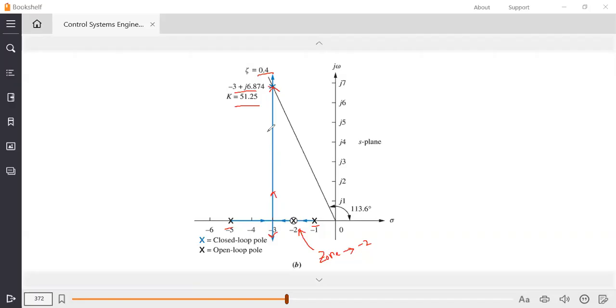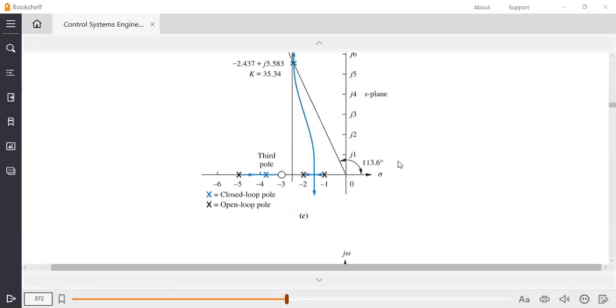The percentage overshoot is not going to change because we are still on the same line. The rest of the values, whether we are happy with them or not, we can check from the final table. This is figure B, with the zero at location -2. In the next figure, we'll shift the zero location and see how it behaves.